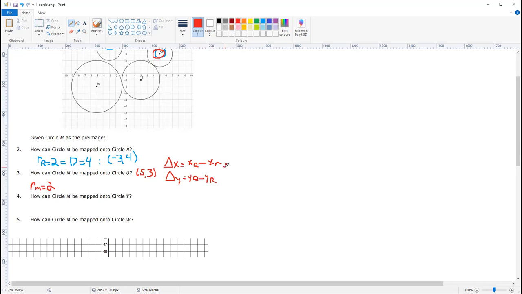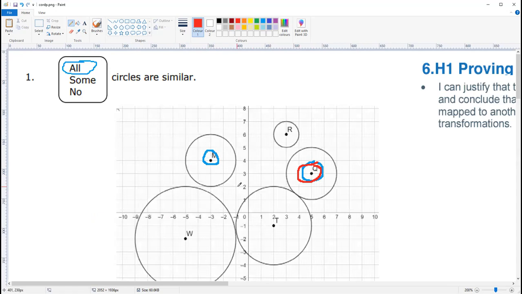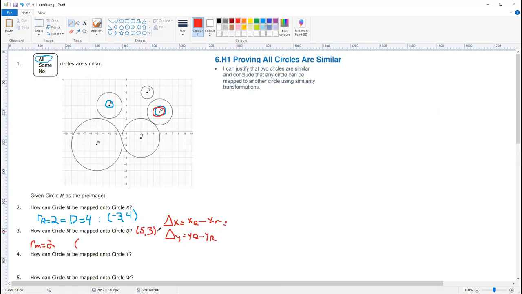Okay, so here we go. Q is 5 minus -3. That's 5 minus -3, which is plus, 5 plus 3 is 8. So my delta X is plus 8.